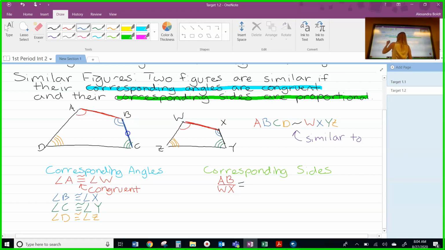my next one, BC over XY, which should be equal to CD over YZ, which should be equal to DA over ZW.